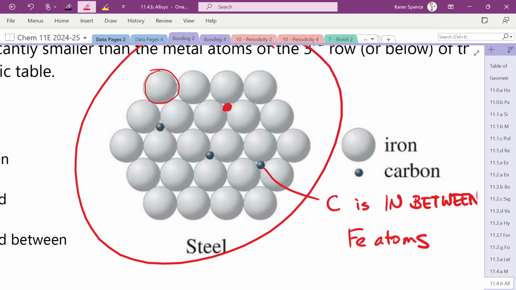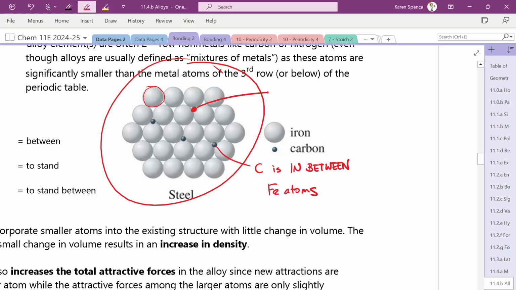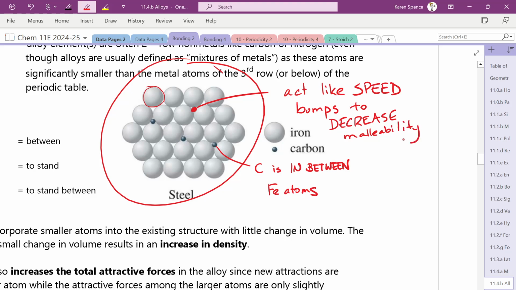So one of the reasons we alloy things is to make it harder. They make the sliding of layers more difficult.